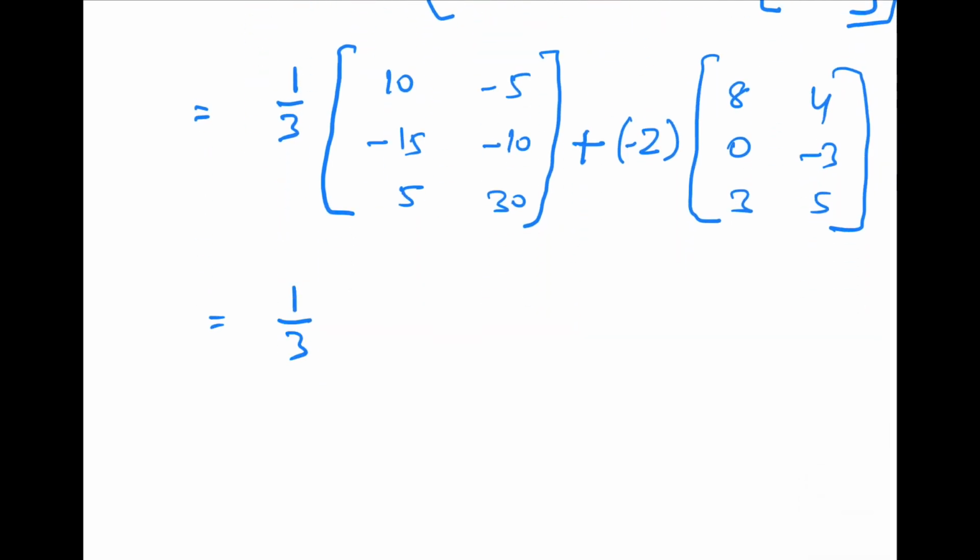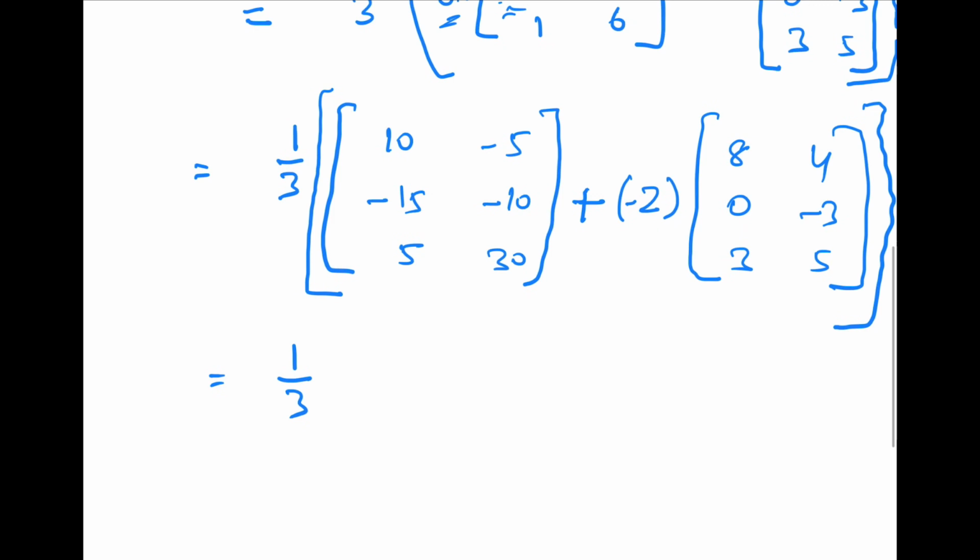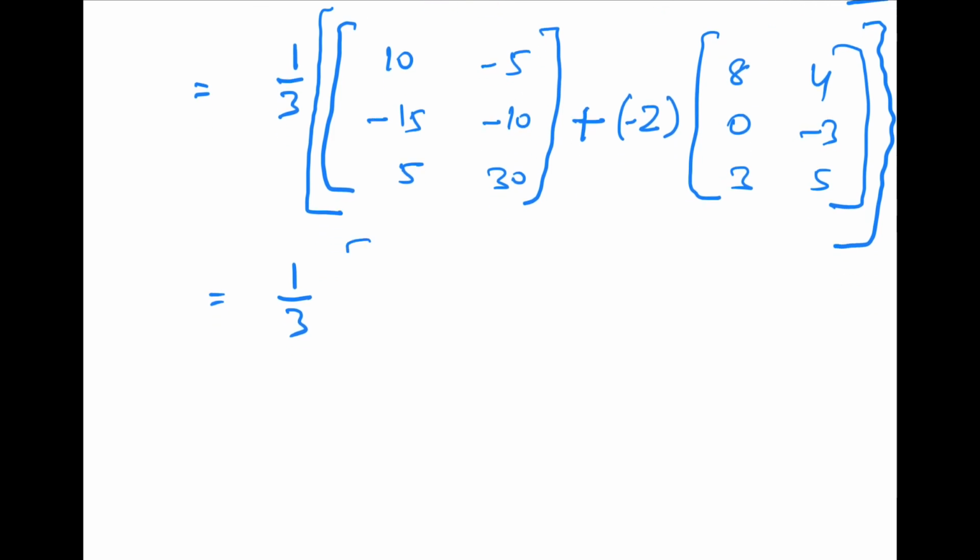1 by 3 of all. Then 1 by 3, 10 minus 15, 5, minus 5, minus 10, 30.